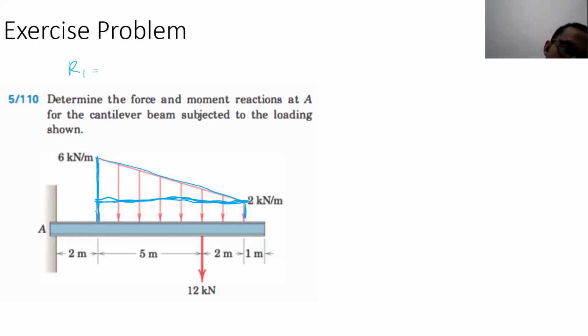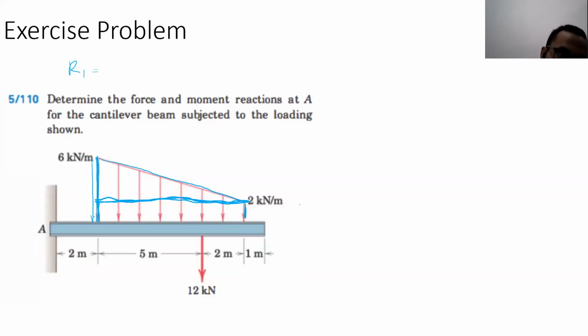Yes, 6 is this particular length, the length from here to here. 2 is the length from here to here. So for the rectangle, using 2, right, sir? Correct. 2 multiplied by 7 meters. What is the value? 14, sorry, we have 14 kilonewton. Okay, so that is R1. Then how about R2? For R2, we are using 4. Why 4?